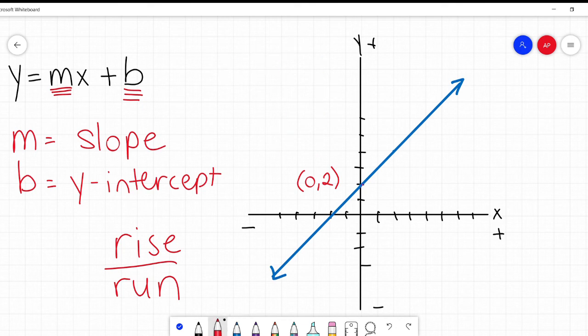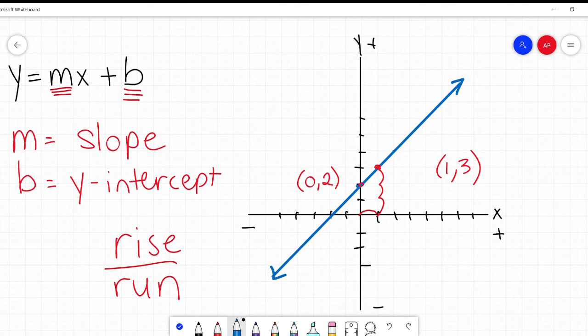If I'm starting at this point, 0, 2, and I look, okay, this line crosses this other point, and that point is 1, 1, 2, 3. 1, 3 is my other point. So what happened here? I rose 1, and then I ran 1.